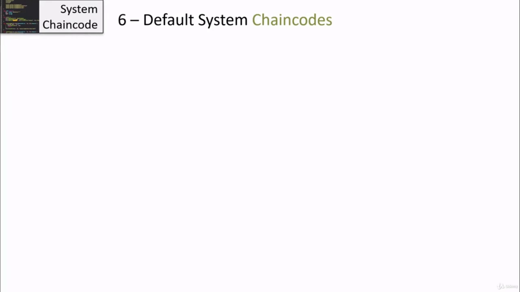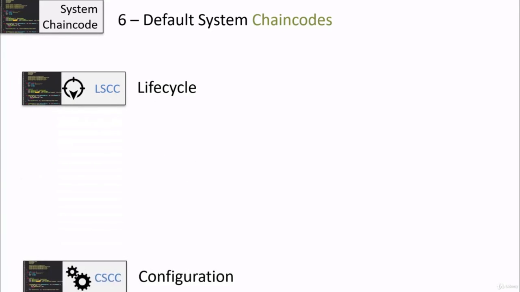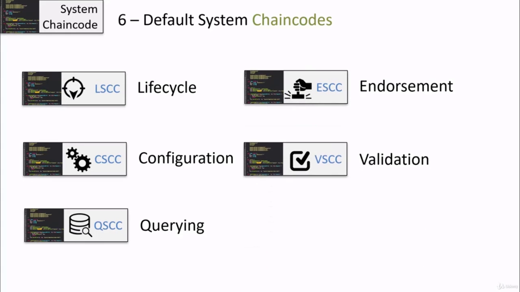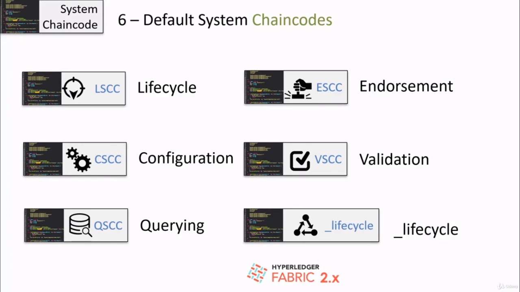There are 6 default system chain codes: lifecycle, configuration, query, endorsement, validation, and the last one is the underscore lifecycle, which was introduced in Fabric 2.x. Now, the obvious question you may ask is, what is the difference between lifecycle and underscore lifecycle?